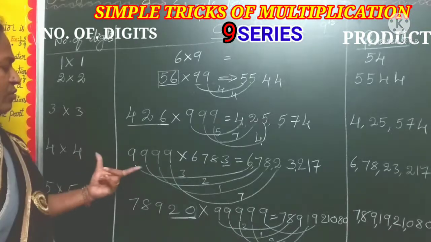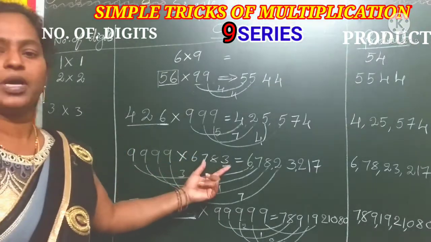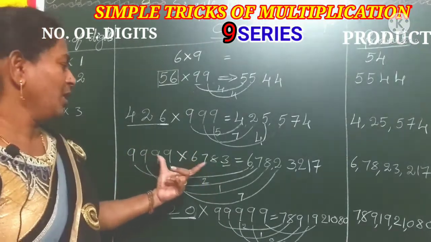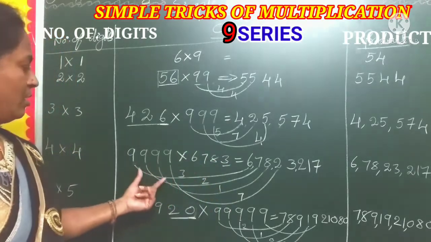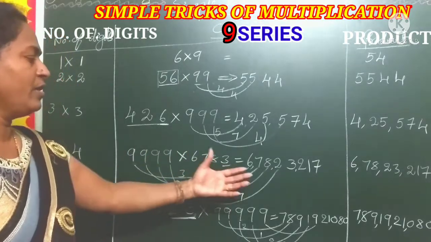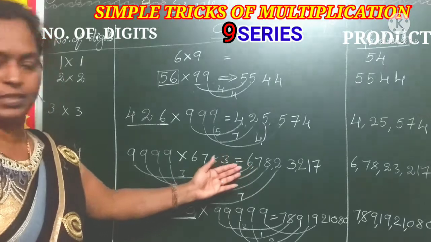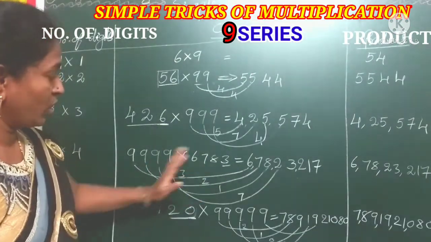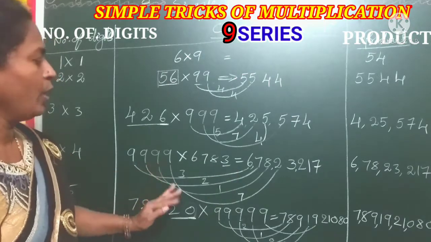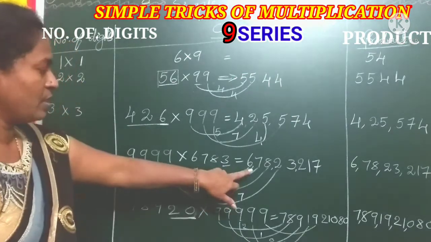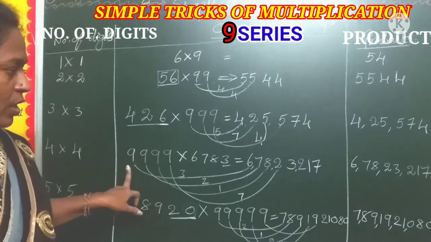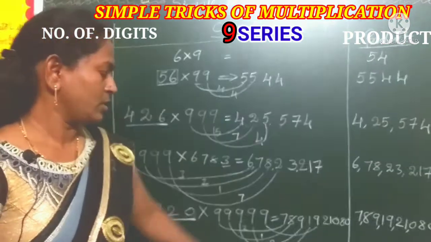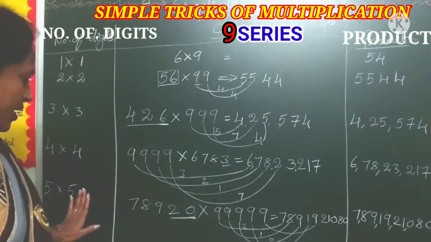Next one, 4 into 4 digit means a 4-digit number into 4 nines. That is also the same trick. Here subtract 1 and the difference of the leftmost places. The order of the number is not mandatory. Whatever the place it may be, you can do the process on leftmost places only. Okay, then only we will get a correct answer. And like that 5 digits also.